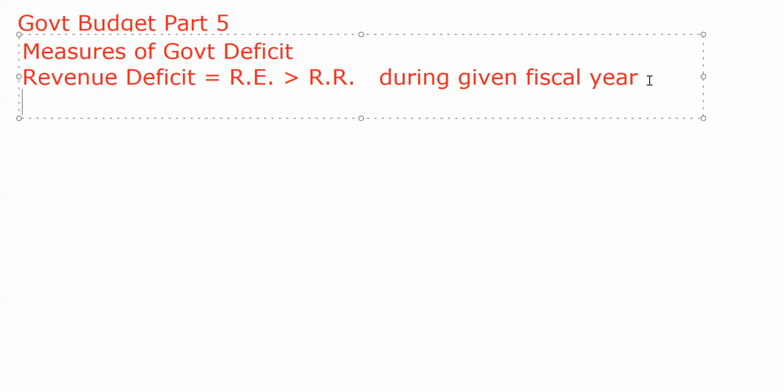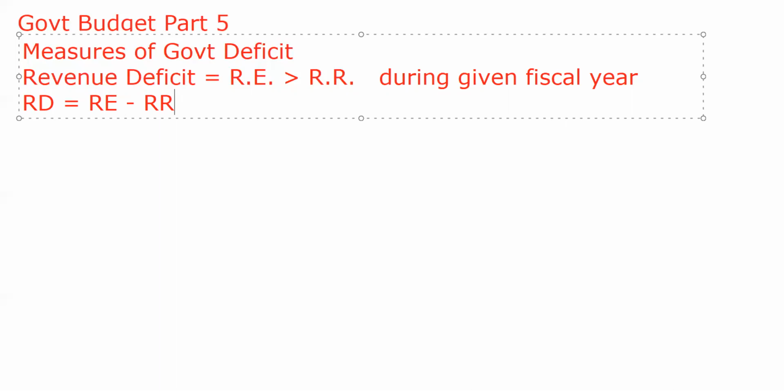Now, how to calculate revenue deficit? RD, in short I'm writing this RD, revenue deficit, would be equal to RE minus RR, revenue expenditure minus revenue receipts. What do we mean by revenue deficit?